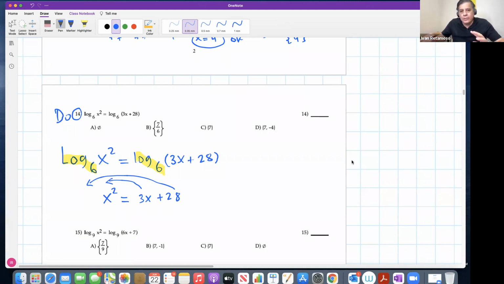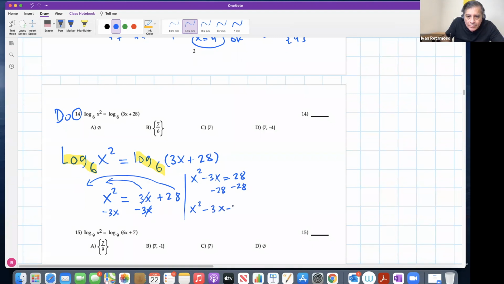Okay, so let's do it together so we can go over more examples. If I transpose 3x to the left side, that is accomplished by subtracting 3x on both sides. You get x squared minus 3x equal 28, and subtracting 28 on both sides of the equation, you end up with x squared minus 3x minus 28 equal 0.